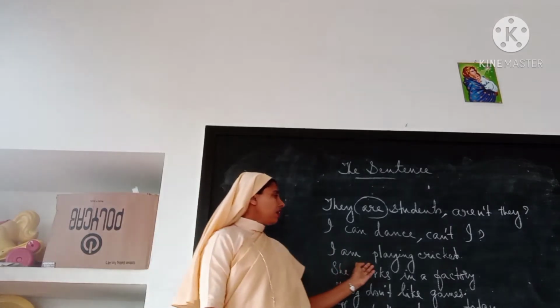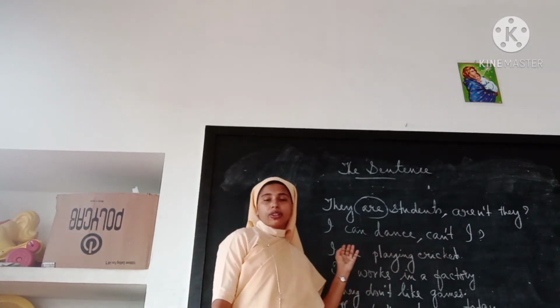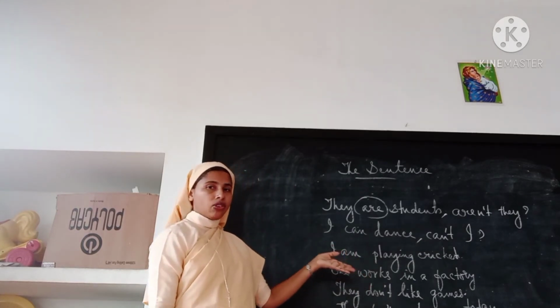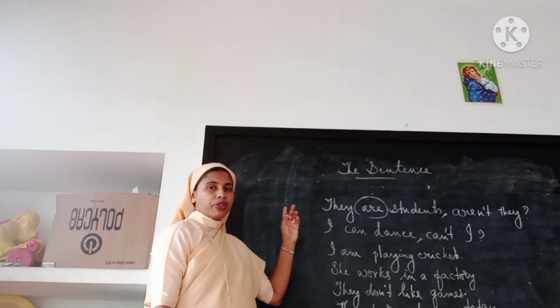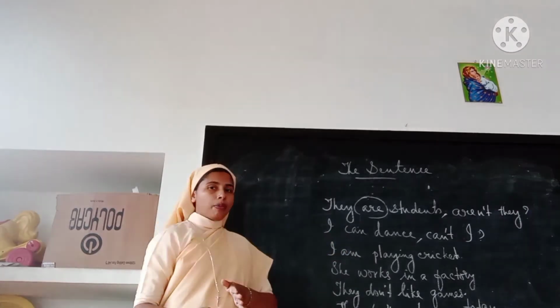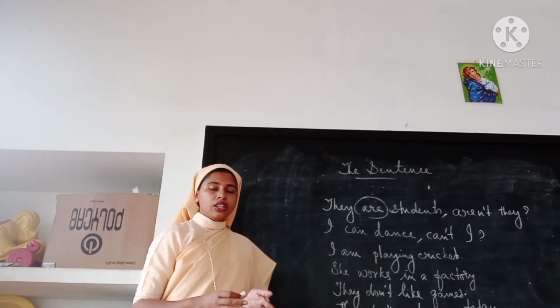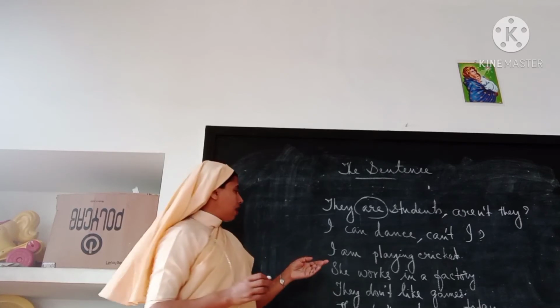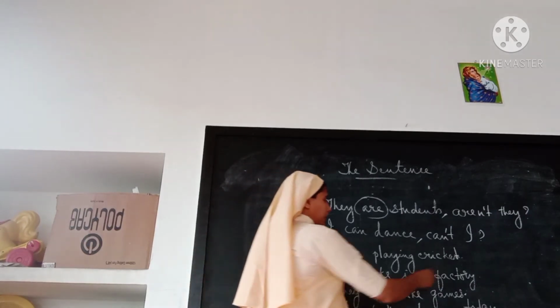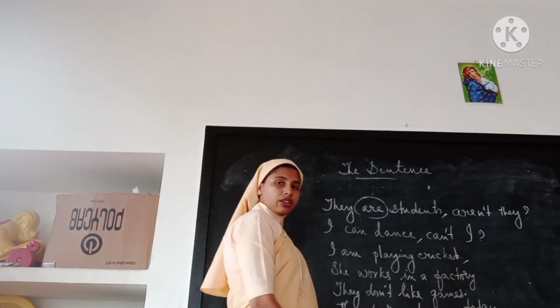Next one is I am playing cricket. So what is the auxiliary here? Am. Okay. And only for am, when it changes to negative, it will be changed to are. So what will be the question tag here? I am playing cricket.